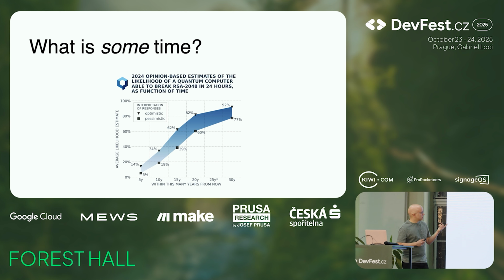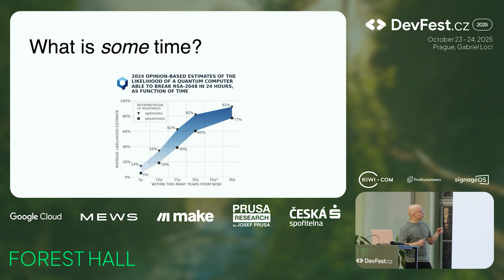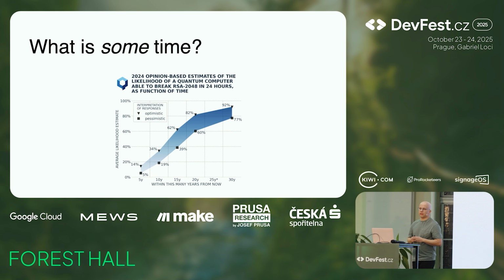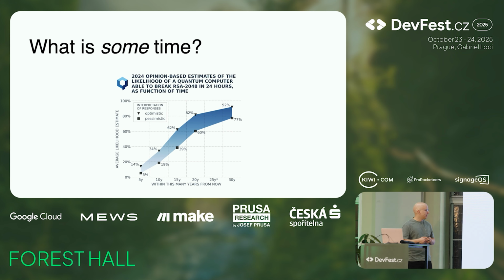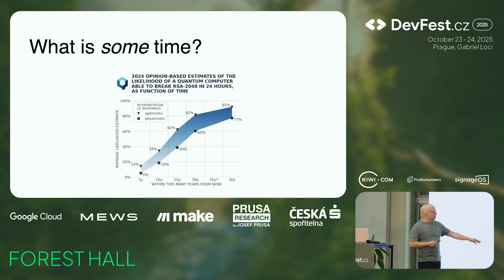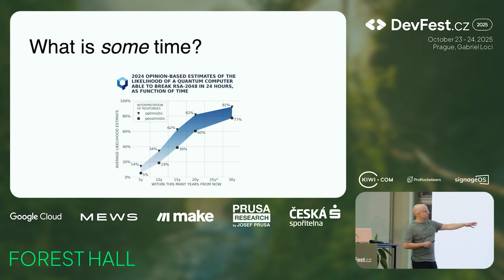I like this chart from an article where they asked a number of researchers and industry experts on the topic, hey, when do you think we're going to have a quantum computer that is able to break some cryptography? And you can see that for 5 years it was just a few, but for 20, 25 years the percentage was quite high.